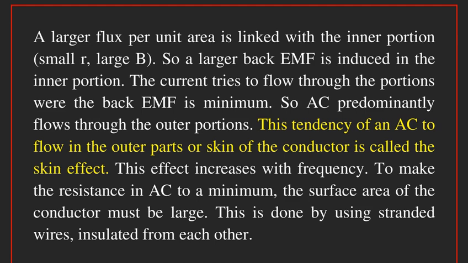By using stranded wires in place of a single conductor, we can increase the surface area, but if we are using a single conductor, the surface area will be minimum. And this strandedness or a single conductor has no effect in the case of DC, but in the case of AC, predominantly we will be using stranded wires, and we will not be using a single conductor for conducting the AC. This is to reduce the resistance of that conductor.